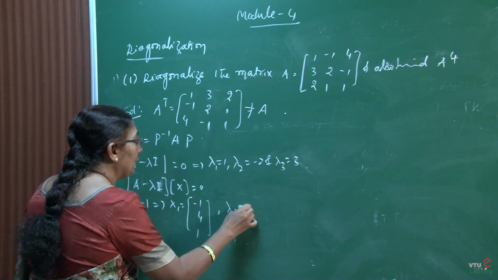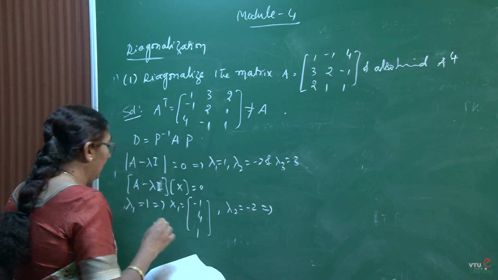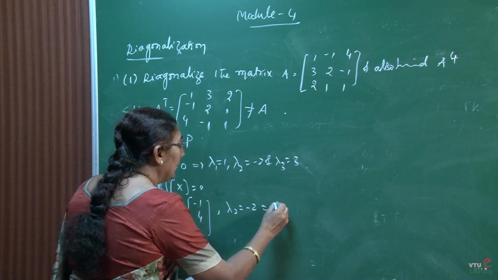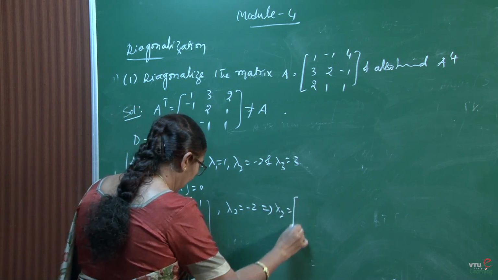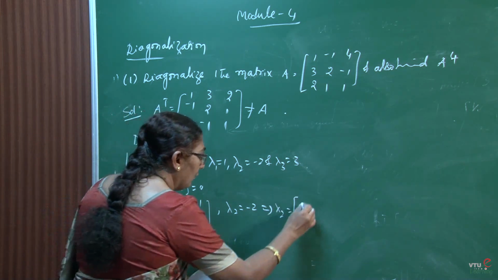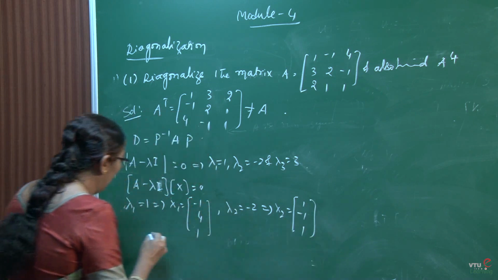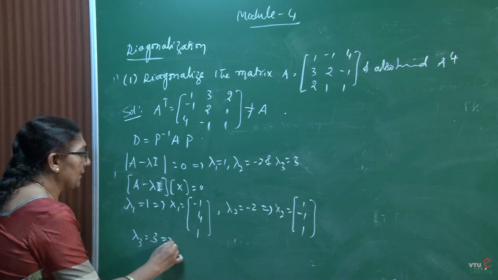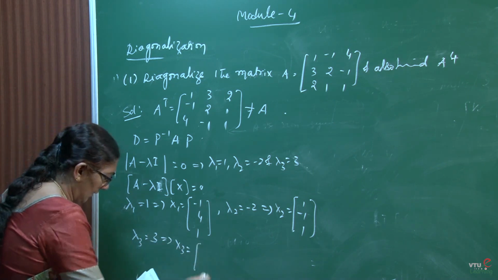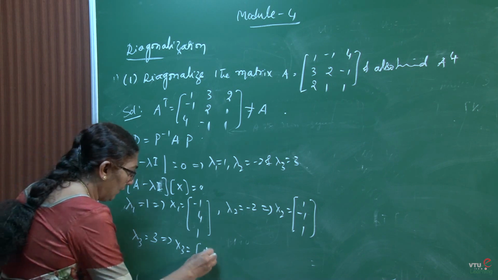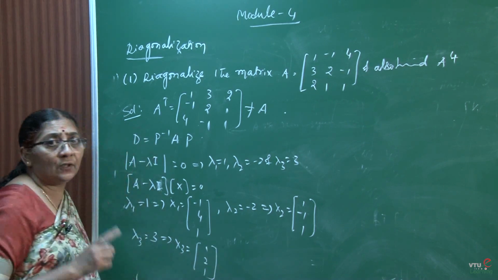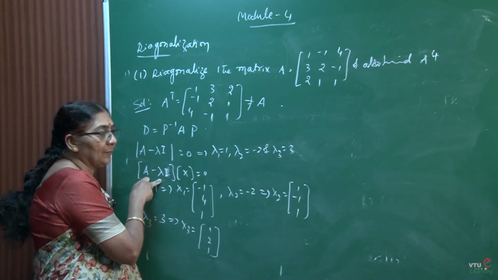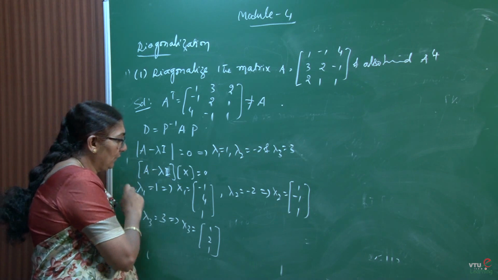For lambda 2 equals minus 2, the eigenvector x2 is [1, -1, 1]. And for lambda 3 equals 3, the eigenvector x3 is [1, 2, 1]. Please do it yourself, this part is already explained in the previous problem. These are the eigenvectors we get after substituting lambda values 1, minus 2 and 3.